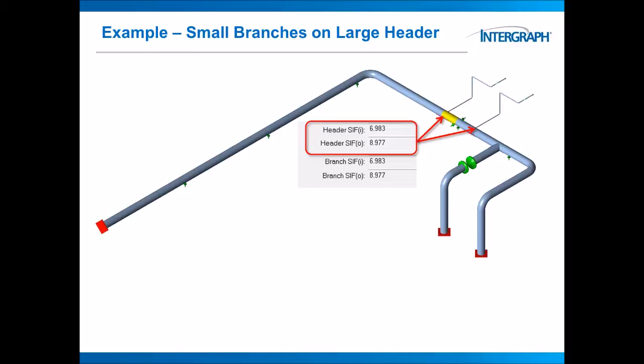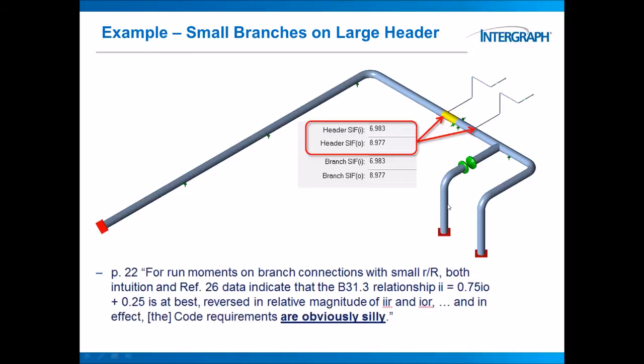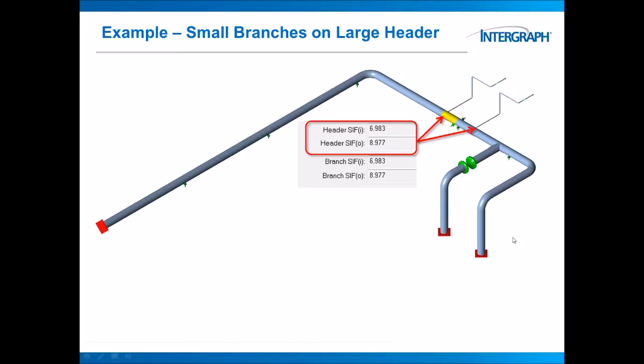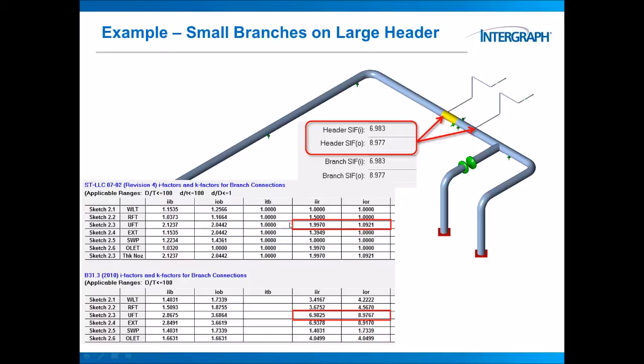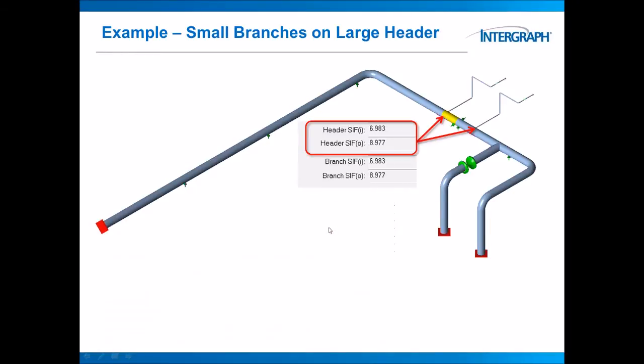But they're also the intensification factors on the header pipe as well, and that's what WRC 329 is calling obviously silly. Those little 2-inch branches are simply not going to have that much of an effect on the large 24-inch main. As before, 0702 actually says these should be around 2 and 1.1, which seem much more sensible.